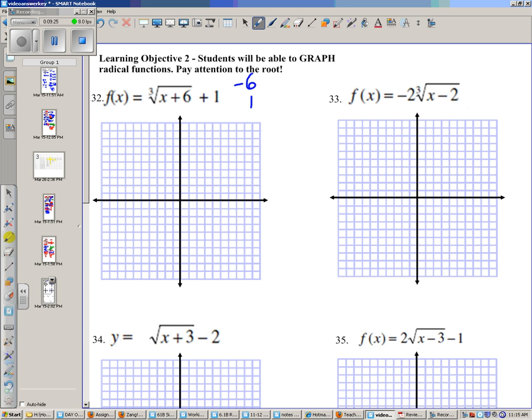So real quick, the original points. Looking at just this part is the only part I'm graphing right now, and A is 1. So those are my original points. I used my cheat sheet, and now they're all going to shift left 6, up 1.